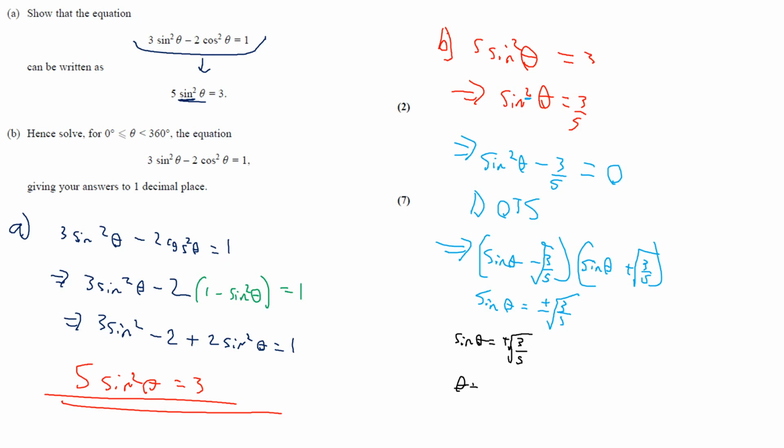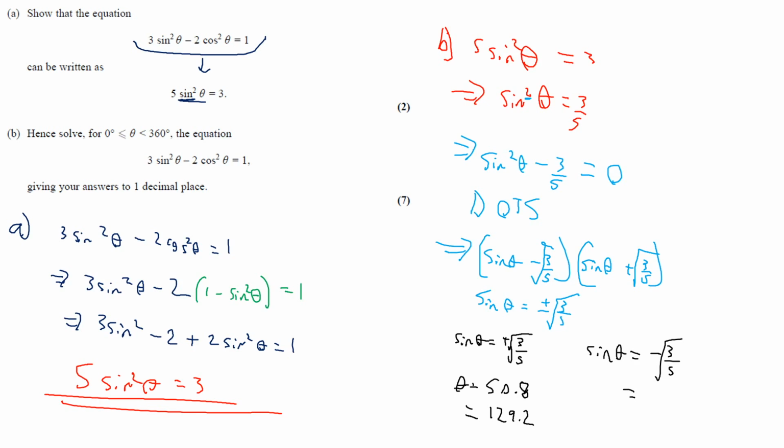You should get an answer of 50.8, to one decimal place. And I also should get an answer of 180 minus that, which is 129.2. Now let's do the same thing for sine theta is equal to minus root 3/5.